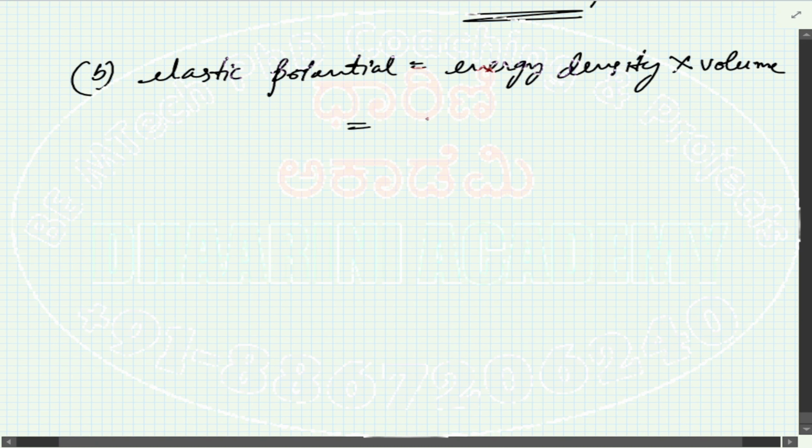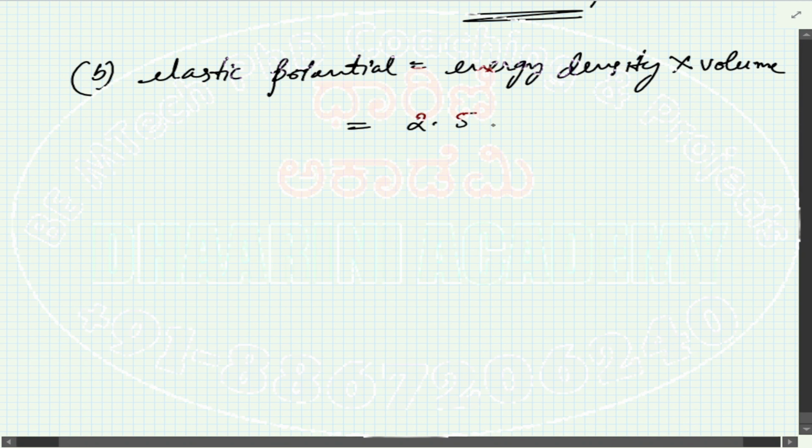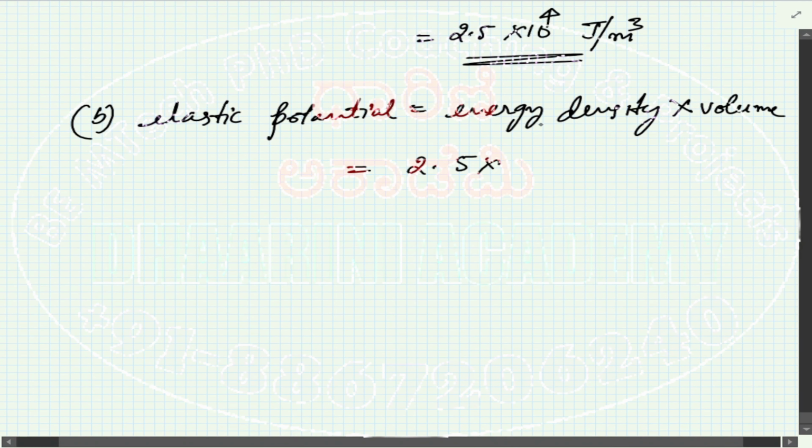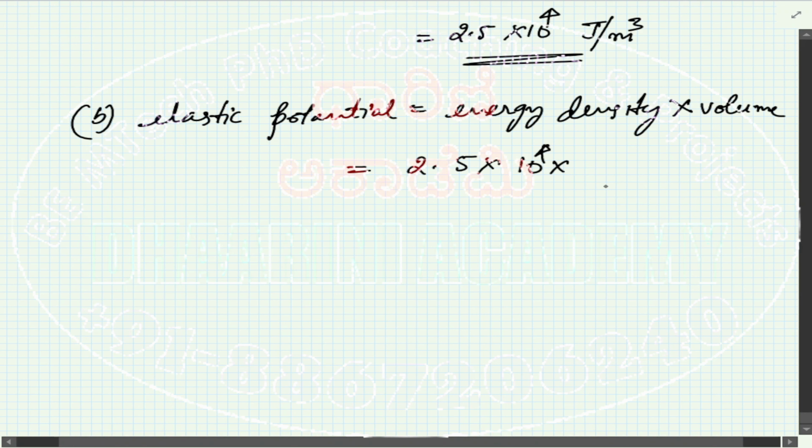Just now we calculated that energy density is 2.5 into 10 to the 4. Energy density into volume, where volume is area into length. The area is 2 into 10 to the minus 6, and area into length, with length 4, is the volume.